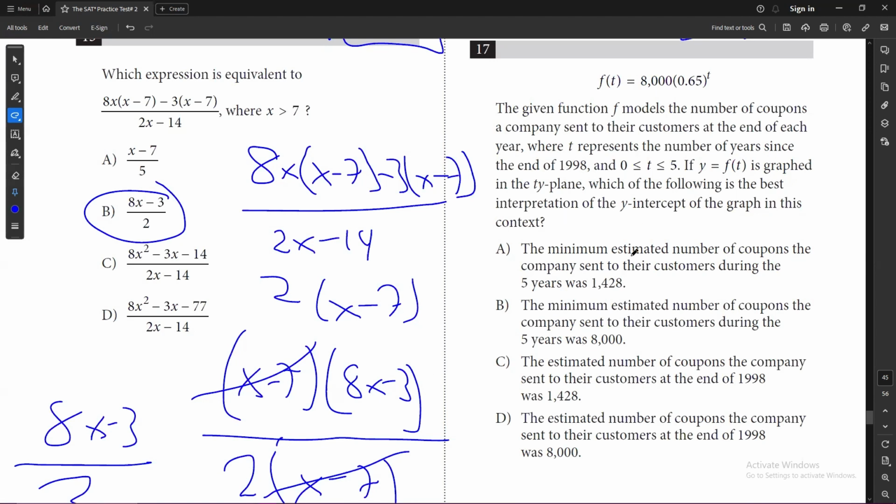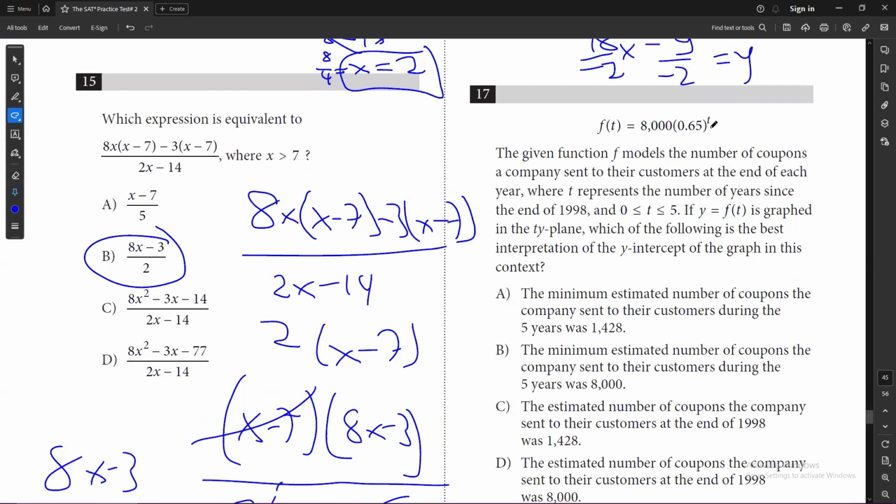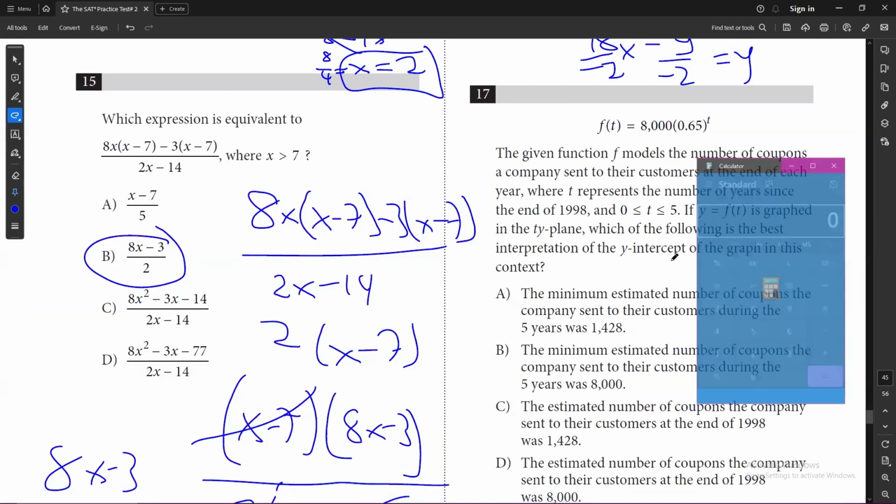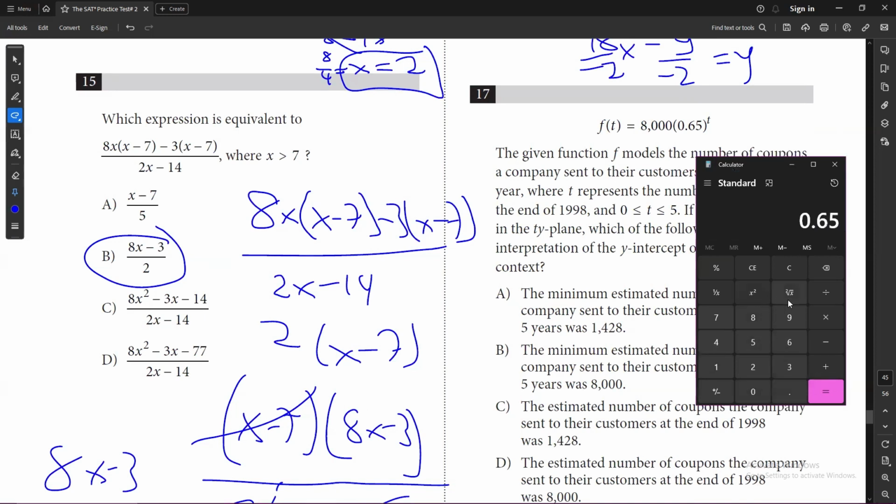The minimum estimated number of coupons the company sent to their customers during 5 years was 1,428. So when I plug in 5, I can use my calculator: 0.65 to the 5, that is 0.65 times 0.65 times 0.65 times 0.65 times 0.65, times 8,000.